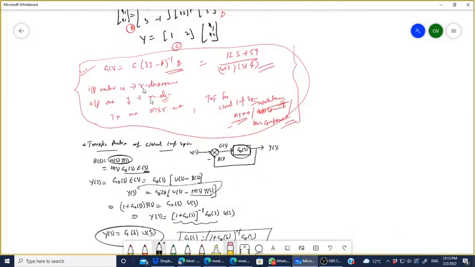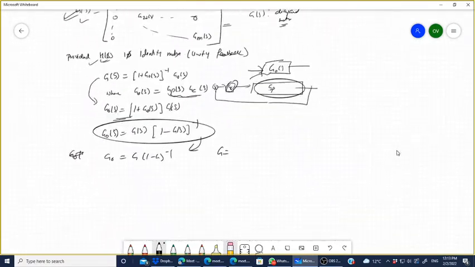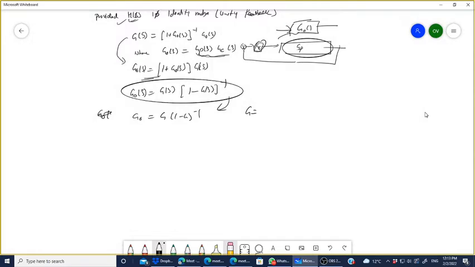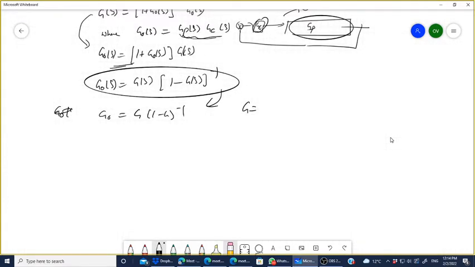Wait a minute. I don't know why it misbehaves. Okay. So G is visible, no? Is it visible? Yes, sir. Okay. So G is given, 1 by S plus 1, 0, 0, 1 by 5S plus 1.